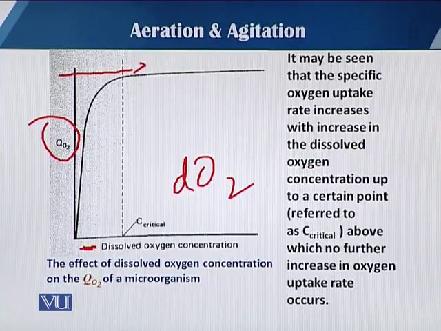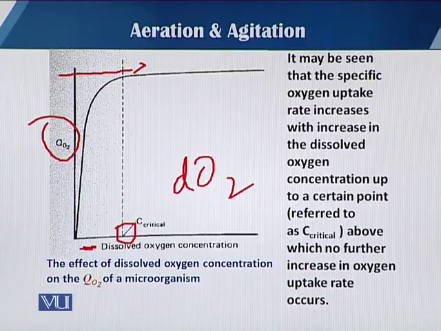That point is known as the critical point, because at that time each and every cell has the specific amount of oxygen that it needs. That is the critical need of the fermentation process at that time.